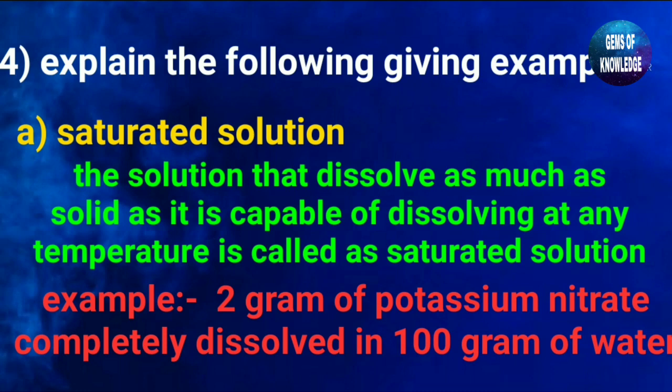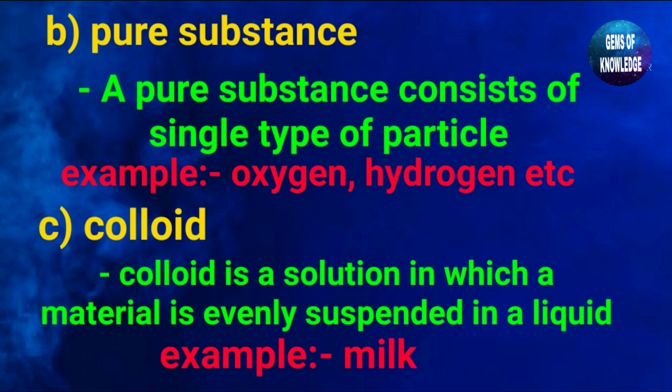So when we are giving the temperature to that particular solution, the extent to which it can dissolve the solid is called a saturated solution. As an example, 2 gram of potassium nitrate completely dissolved in 100 gram of water. So when you are giving temperature to this liquid, potassium nitrate will completely dissolve into the 100 gram of water.